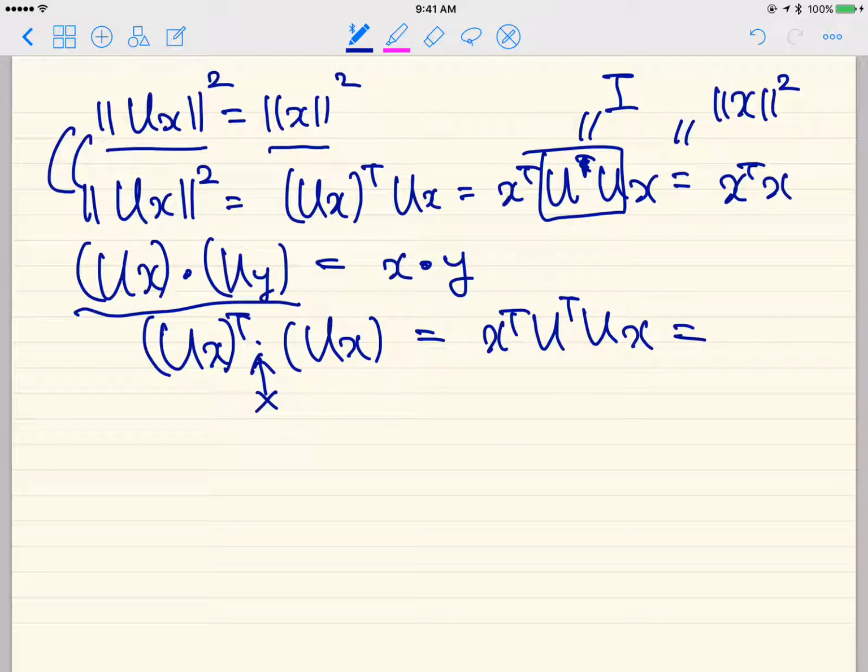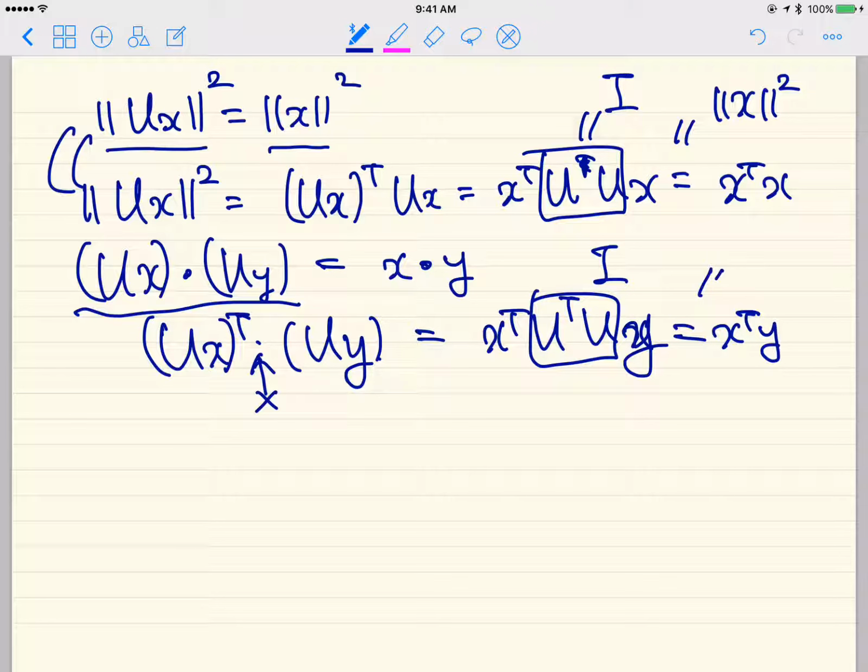And so, oops, sorry, this one should be y. So x transpose U transpose Uy. Okay, so this part will become identity, and so x transpose y, which is x inner product with y. Okay, so the proof is really simple.